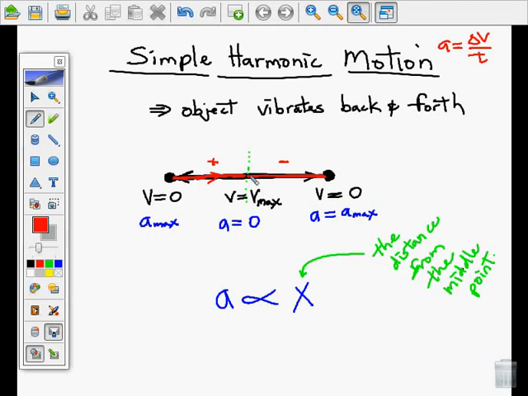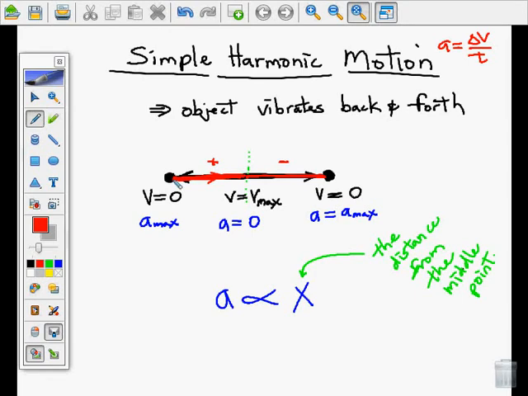And get this. After I pass that middle point right here, am I speeding up or slowing down as I get to that point right there? Slowing, stop. But you're accelerating. I'm slowing down. Which way is my velocity? Which way am I moving?